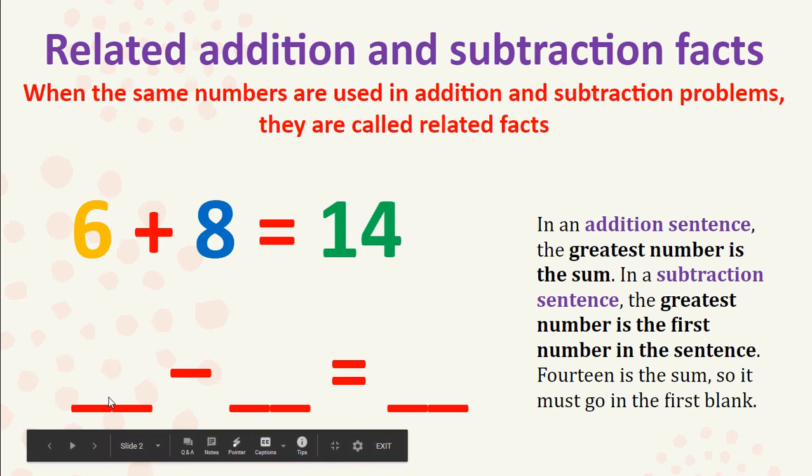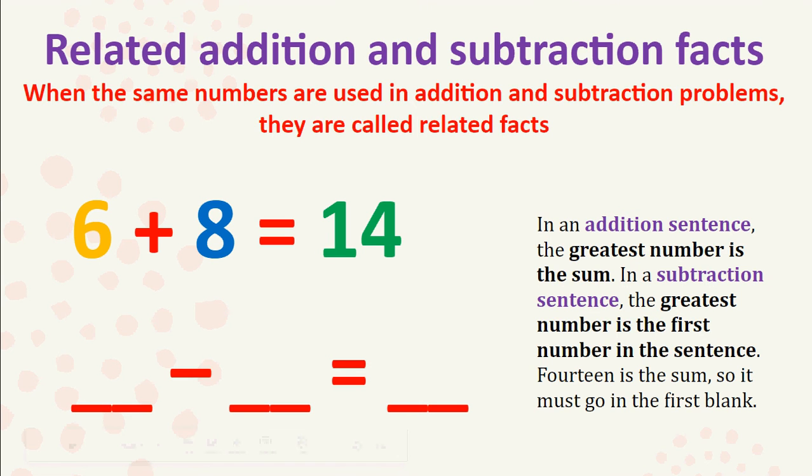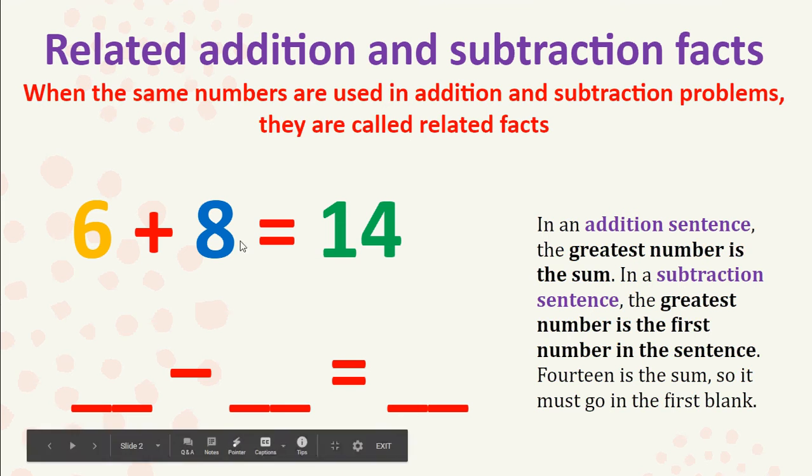Guys, you have to remember when doing fact families, there are going to be 2 addition sentences and 2 subtraction sentences. Your subtraction sentences have to begin with the sum of the addition sentences. If I'm pulling this number down into my subtraction sentence, I cannot use any of these 2 numbers.